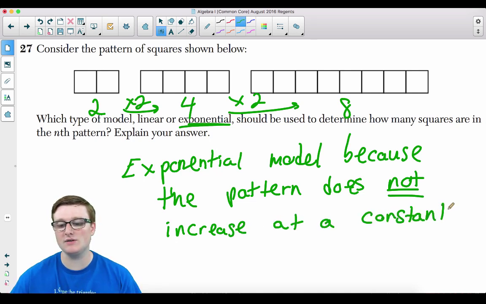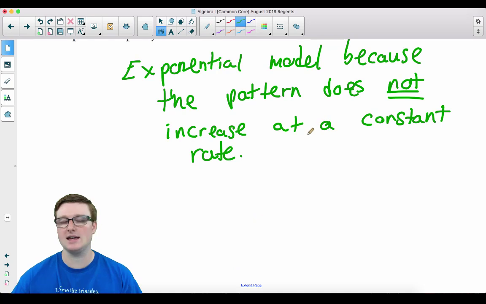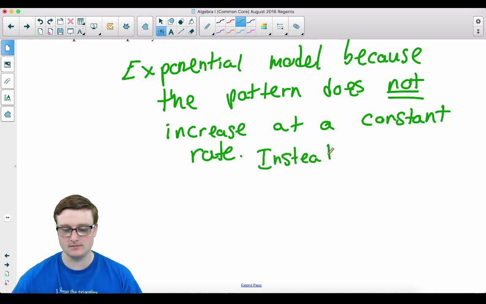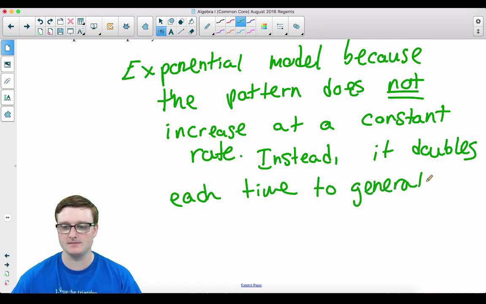That is the definition of a linear function, folks. It doesn't increase at a constant rate, so therefore it can't be a line. If it doesn't increase at a constant rate, it cannot be a line. Instead, it doubles each time to generate the next term.